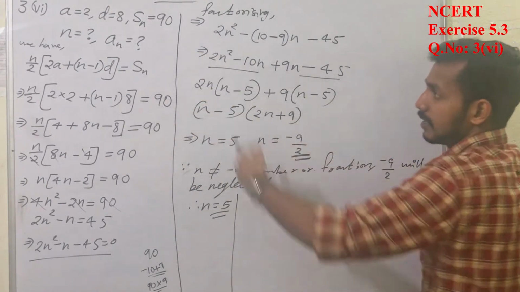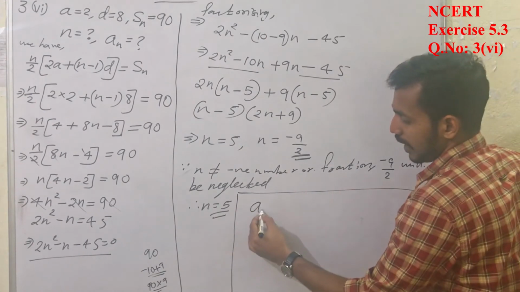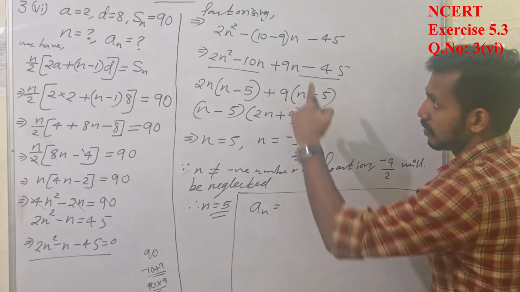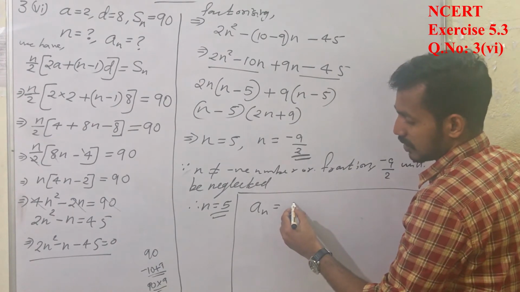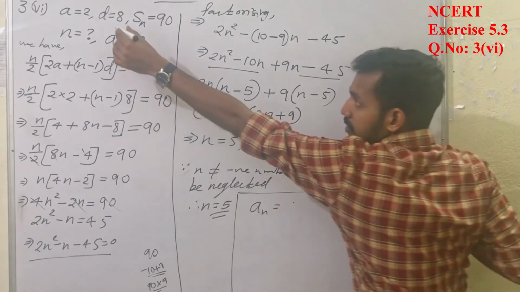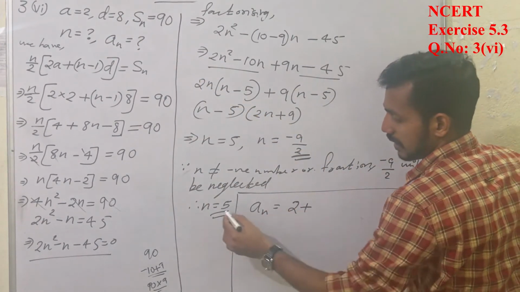Once we have got n, then we can easily find the nth term. That is, an is equal to, what is the formula? a plus n minus 1 into d. So what is a? Same variables we can use here. 2 plus, what is n? n equal to 5.